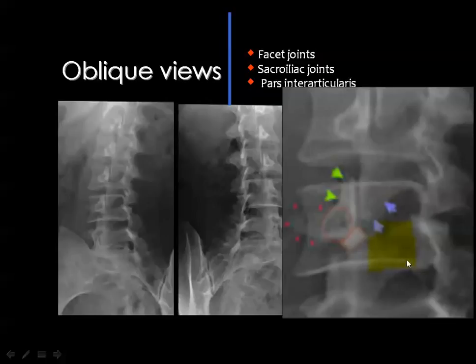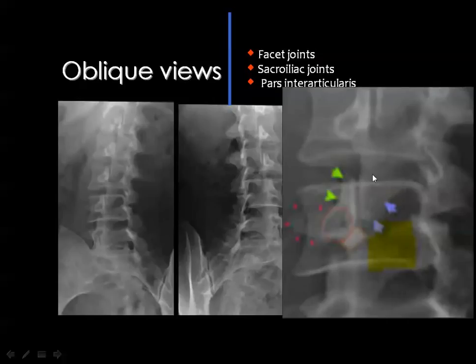As you know, this pars interarticularis corresponds to the neck of the Scotty dog. In the oblique view, you can see this is the head of the dog, which is formed by the mouth corresponding to the transverse process, the eye corresponding to the pedicle, the ear corresponding to the superior articular facet of the vertebra below, and the neck, which is the pars interarticularis.